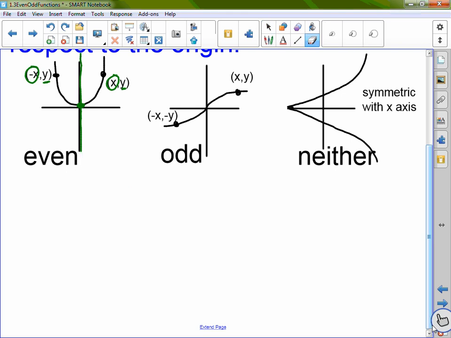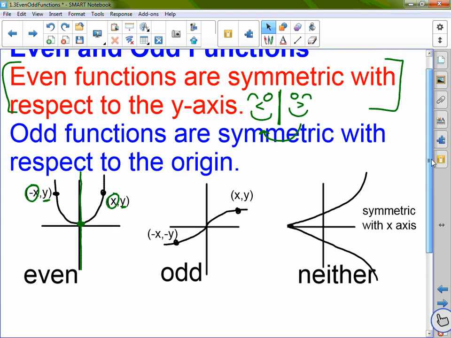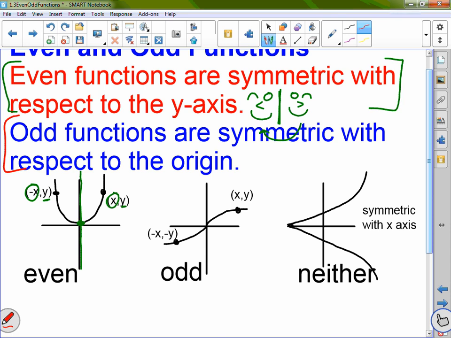So then we have an example of an odd function. We go back up here. It says odd functions are symmetric with respect to the origin. So this odd function down here, I guess I can do another smiley face example.